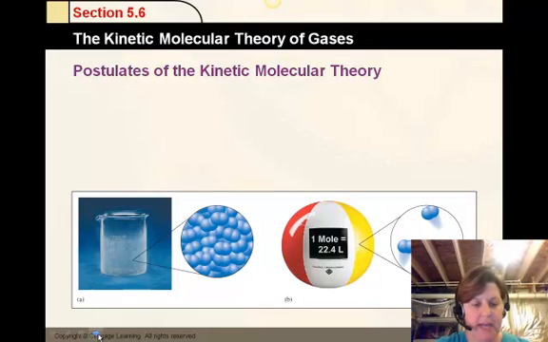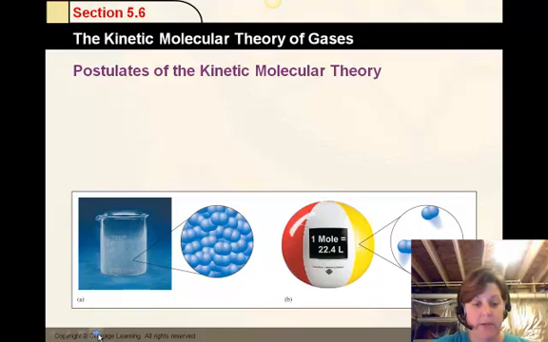You can see that in picture A, where we're talking about a liquid, like liquid water, liquid nitrogen, it's probably liquid nitrogen if we look at the molecules carefully because there's only two of them, but you can see that the molecules are very closely packed together. And 1 mole of that, if it were to become a gas, would fill 22.4 liters.